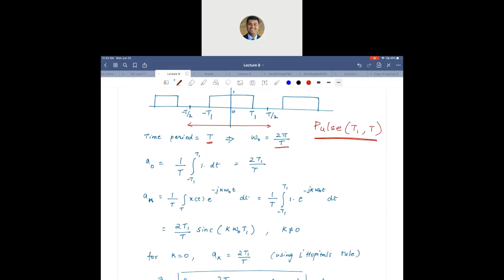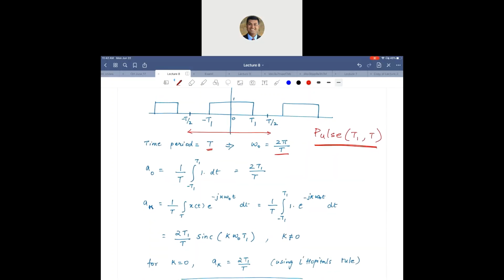So the integration will be from negative t1 to t1, and you multiply by 1 over T. That gives you the average over one time period. Simplify to get 2 t1 divided by T for a sub 0.